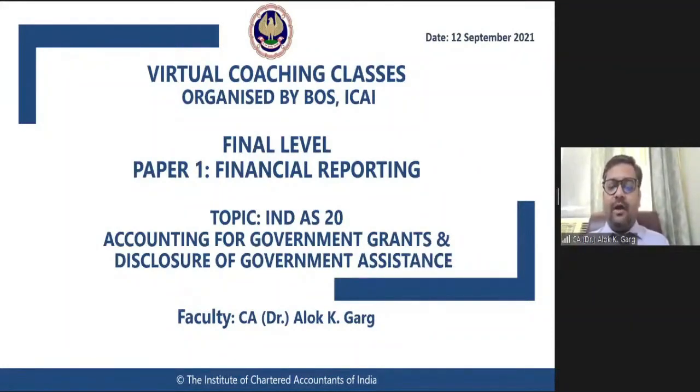Okay, so now you need to tell me what is the difference between government grant and government assistance. Grant and assistance, do you find any difference between these two words?